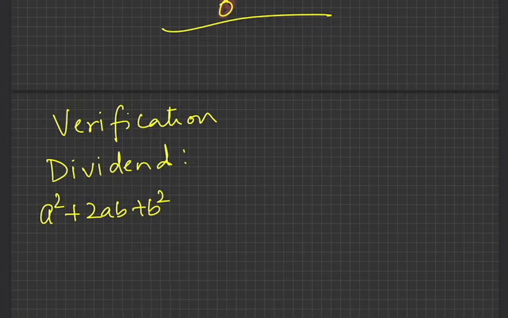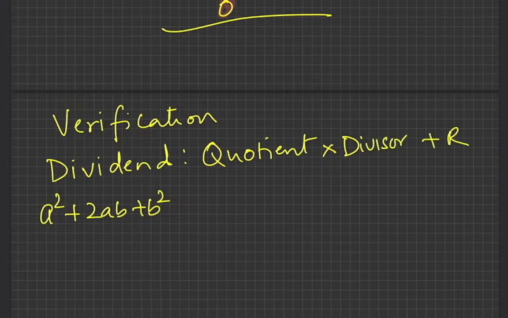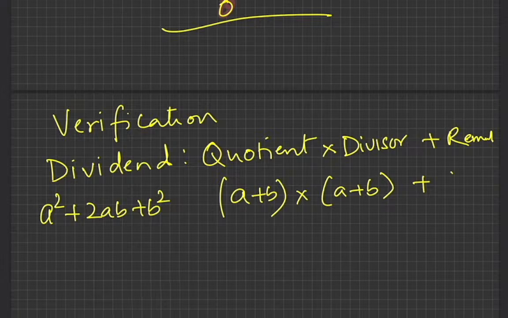And I have the quotient a plus b, times the divisor, plus the remainder. So I have a plus b times a plus b plus 0.